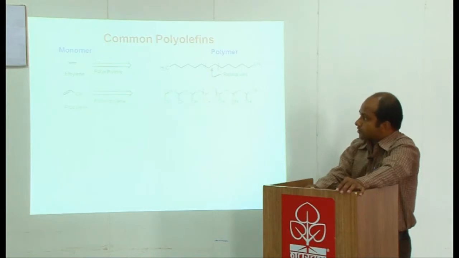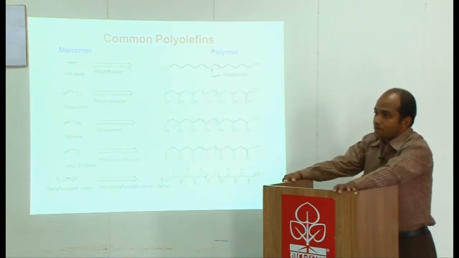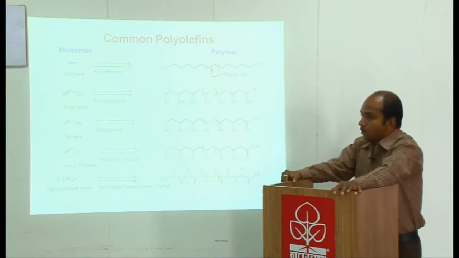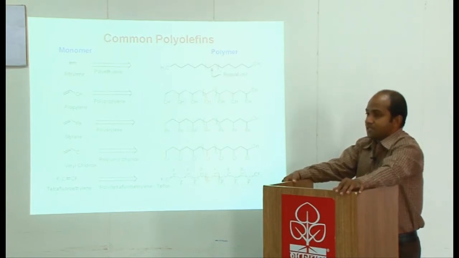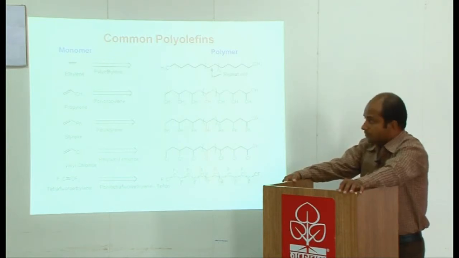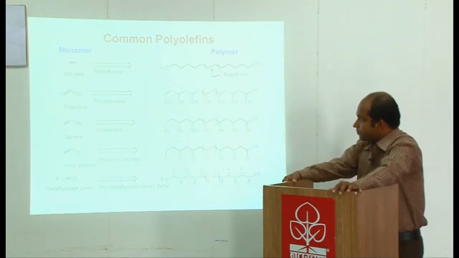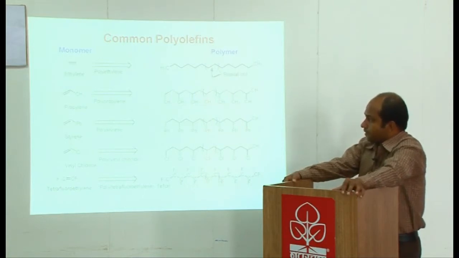So let us focus on the polyolefins. As discussed, they are generally made up by covalent bond connections of multiple alkene units. So if you have a monomer which is ethylene, it will undergo polymerization to form polyethylene. Similarly, if you have propylene, you will get polypropylene.